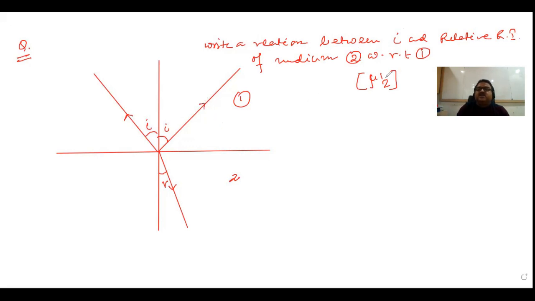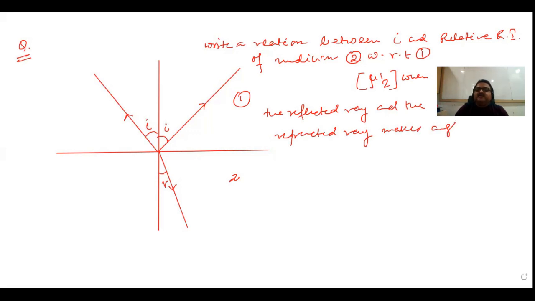And condition given, write a relation between I and R, that is relative refractive index of the medium 2 with respect to 1, when the reflected ray and the refracted ray make an angle 90 degree with each other.